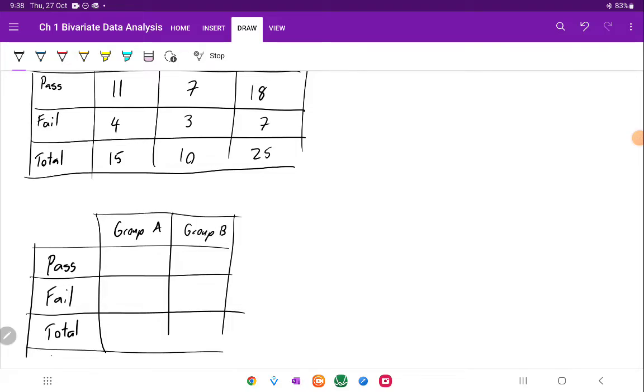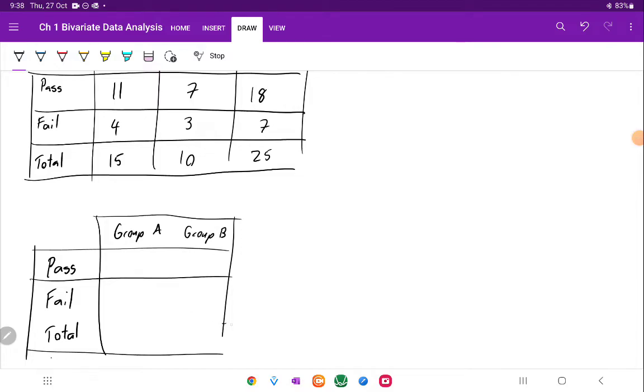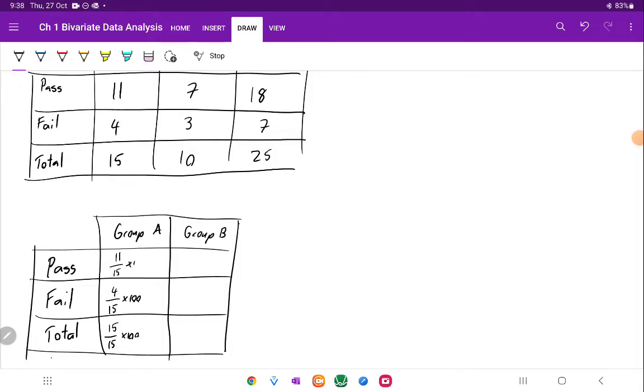So for Group A, how many of them passed versus failed? Well, for Group A, the number who passed was 11 out of 15. The number who failed was 4 out of 15, and the total will be 15 out of 15. For Group B, 7 out of 10 passed, 3 out of 10 failed, and 10 out of 10 participated. So let's work out all of these percentages.